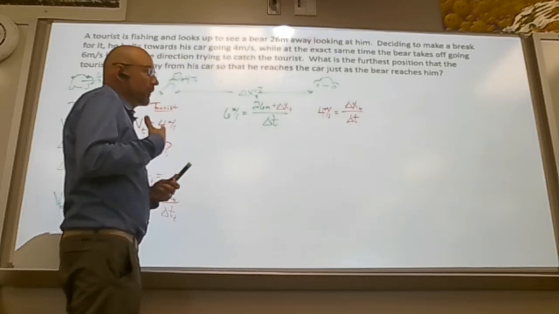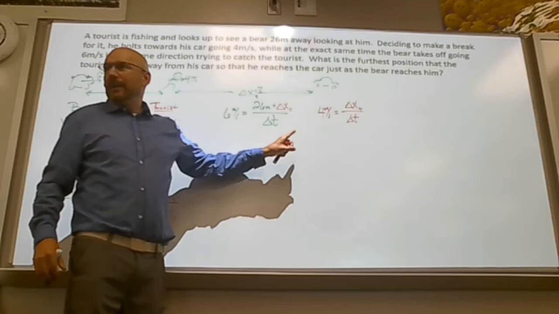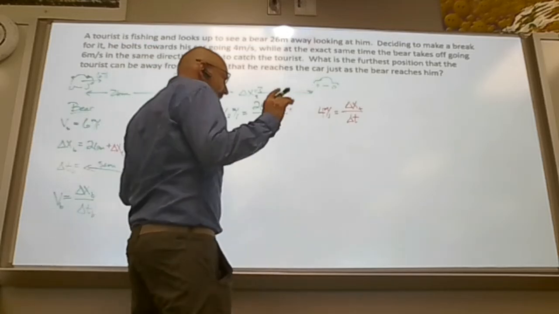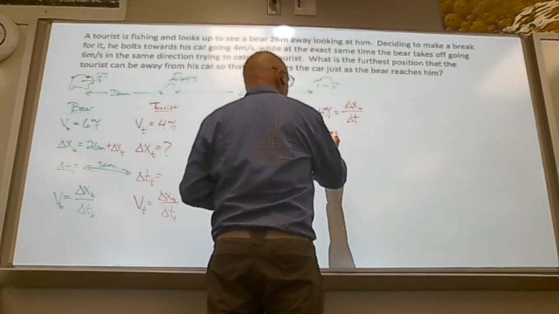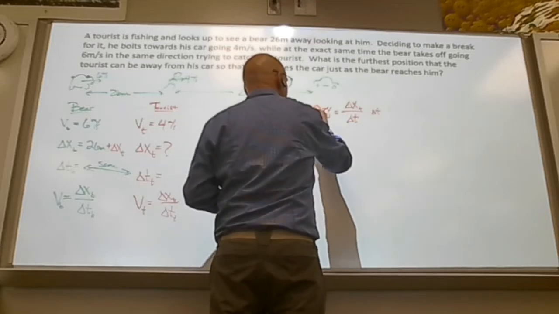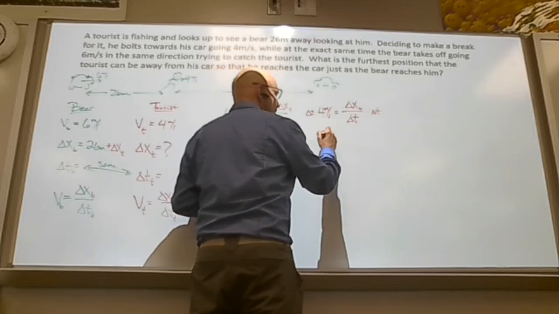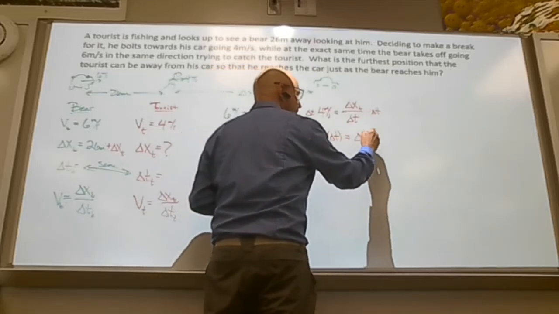So what I'm going to do for me, I'm going to set both equal to time and then put them equal to each other because time's the same. Again, there are a lot of different options you can do here. So I'm going to multiply both sides by delta t. Okay. So I got 4 times delta t is equal to delta x.